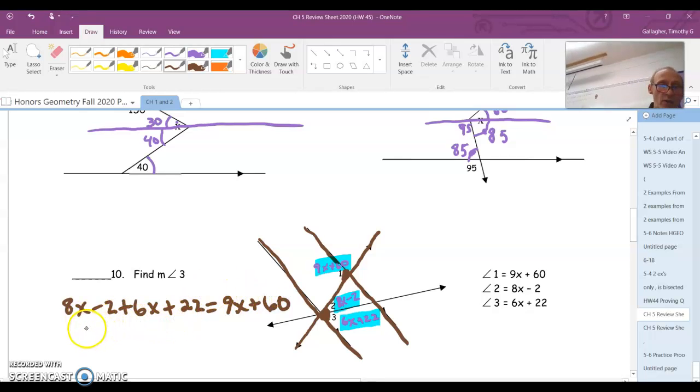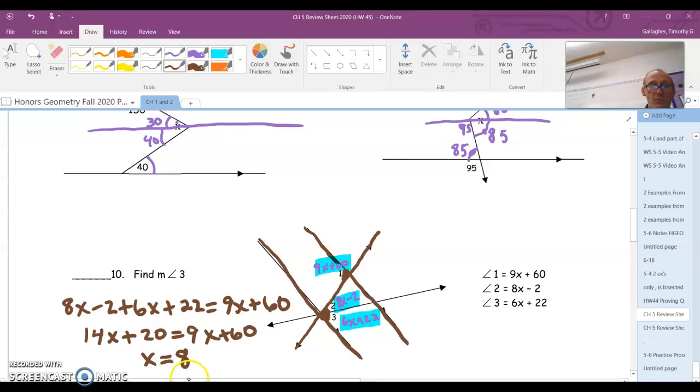Now on this side of the equation is 14x plus 20, and 9x plus 60. So I'm going to get 5x equals 40, so x equals 8. Okay? So 14x minus 9x is 5x, and 60 minus 20 is 40.